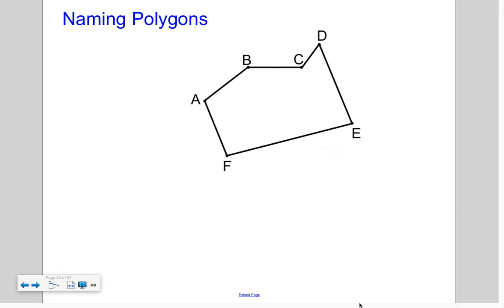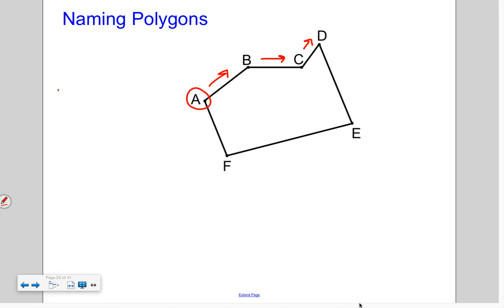So the way you name polygons is you basically start at one point. I'm going to start here at A, and I'm going to work my way around the polygon. And you have to name every point where there's a corner or where 2 sides meet. We call that a vertex.